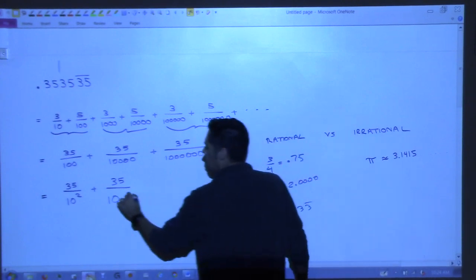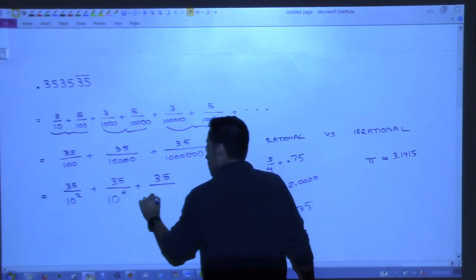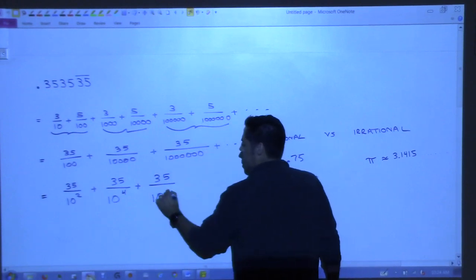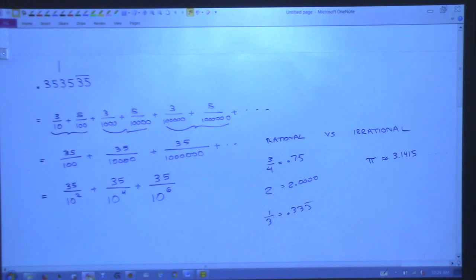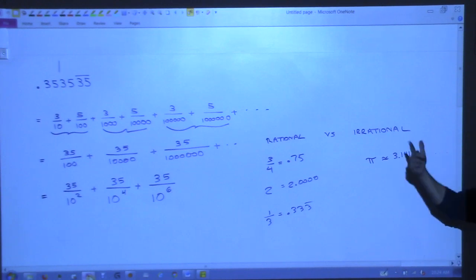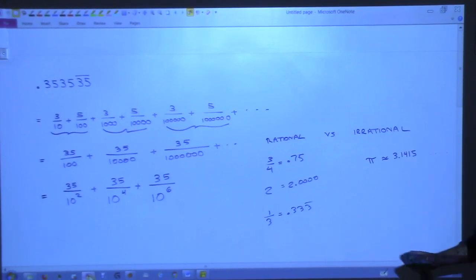Fourth power, plus 35 over 10 to the sixth. We have a pattern here, don't we? 35 is always the top, and the bottom is always 10 to an even number. We know how to generate even numbers with formulas, don't we?